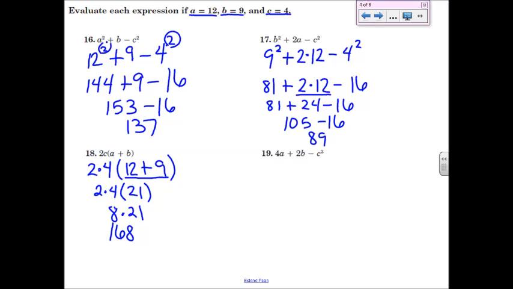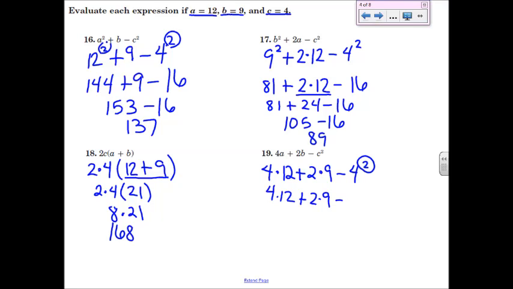Number 19, 4 times A plus 2 times B minus C squared. So 4 times A is 12 plus 2 times B is 9 minus C squared is 4 squared. We have exponents that we're going to deal with first. So we have 4 times 12 plus 2 times 9.